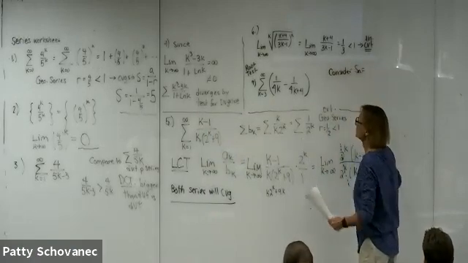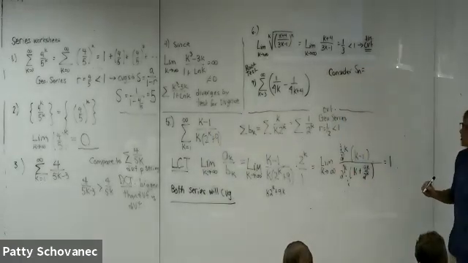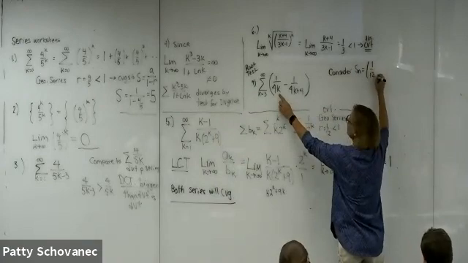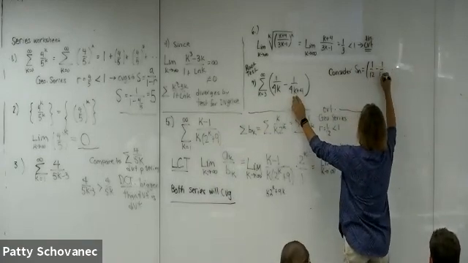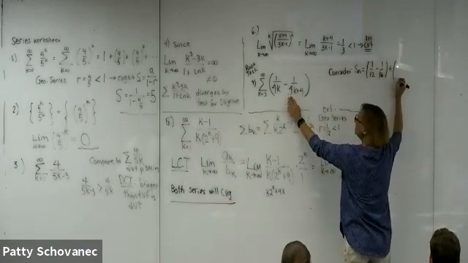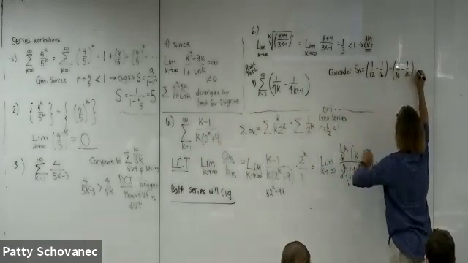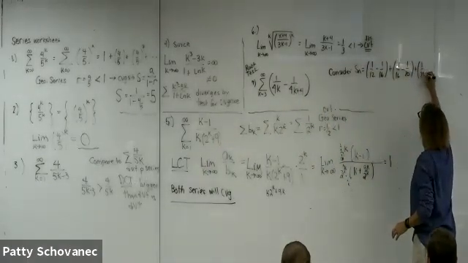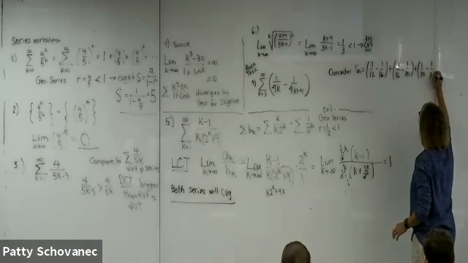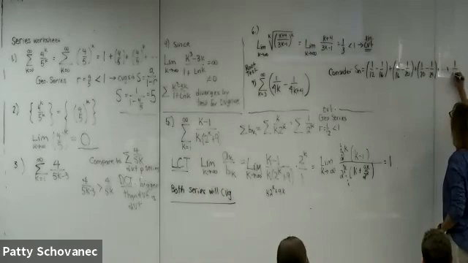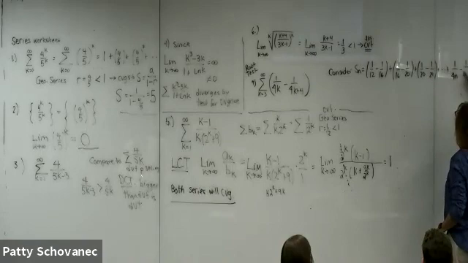So consider S_n. Let's write out the first so many terms. It starts with k is 3, so I have 1/12 minus 1/16. The next term is k is 4: 1/16 minus 1/20. And then 1/20 minus 1/24, until I get out to the nth one, 1 over 4n minus 1 over 4n plus 4.